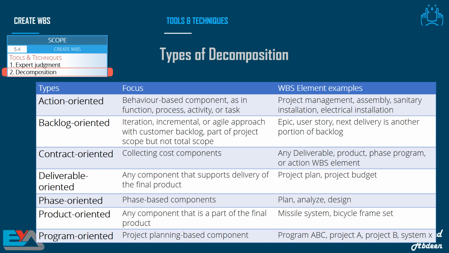Also, the WBS decomposition can be product-oriented, which means it focuses on any component that's a part of the final product. For instance, BI system, missile system, or bicycle frame set, car frame, etc. It can also be based on the project development life cycle. For instance, if you use an agile approach, the WBS can be backlog-oriented.